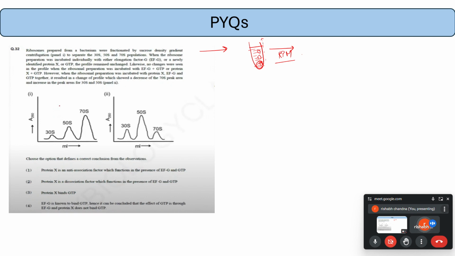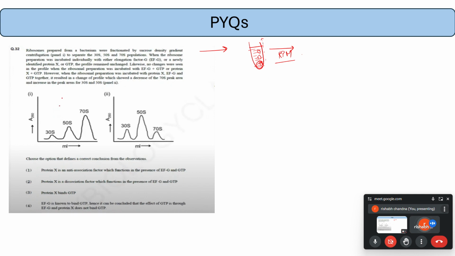Likewise, no changes were seen in the profile when the ribosomal preparation was incubated with EFG plus GTP or protein X with GTP. However, when incubated with protein X, EFG, and GTP together, it resulted in a change of profile, which showed a decrease of the 70S peak area and an increase in the peak area of 30S and 50S, shown in panel 2.